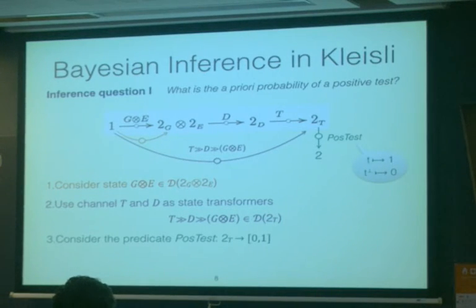This predicate is simply a sharp predicate, meaning it gives 0, 1 values to the elements. So it gives probability 1 to the event of a positive test, and probability 0 to its opposite. And finally, the answer will be the conditional state given by this whole state conditioned over the positive test. And if you do this computation using these definitions and this definition of conditioning, you find out that the answer is just the usual one if we compute with Bayesian probability.